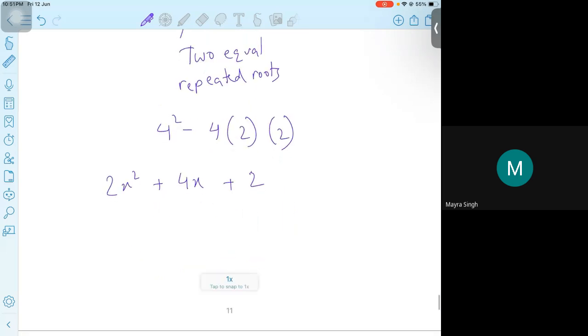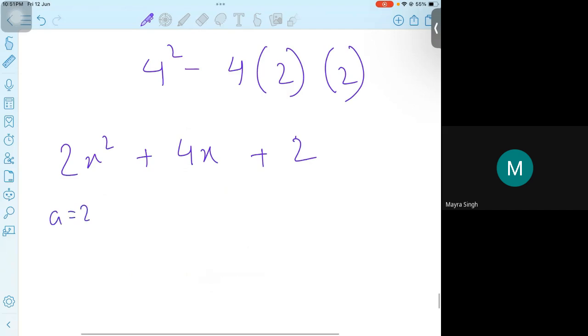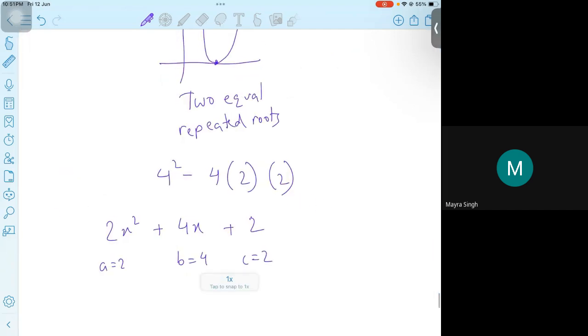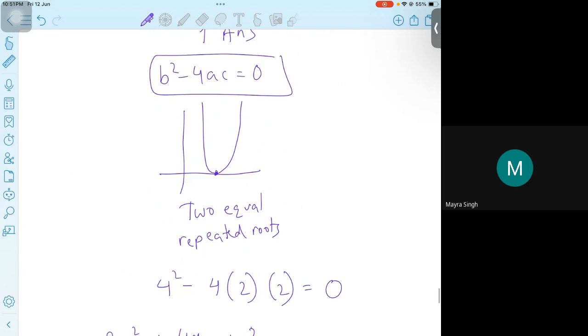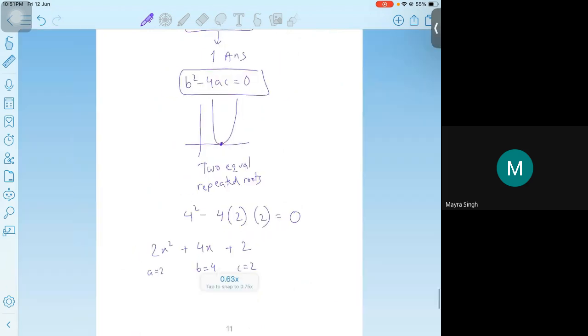Okay? So in this case, you have a is equal to 2, b is equal to 4, and c is equal to 2. So according to the formula of b squared minus 4ac, this is exactly what you get. Okay? And as you see, when you solve this, your answers get cancelled out and you're left with 0, right? So when b squared minus 4ac is equal to 0, I'm supposed to have one answer only. I hope that makes sense to you. I'm going to show you more examples, so it's going to make more sense later on. But I hope this part makes sense to you.